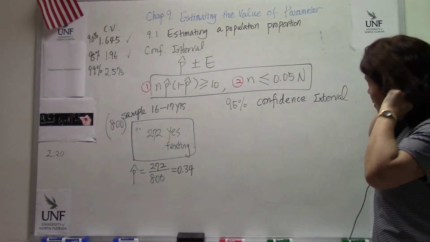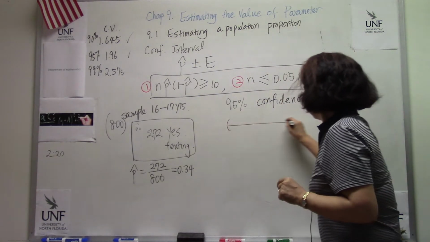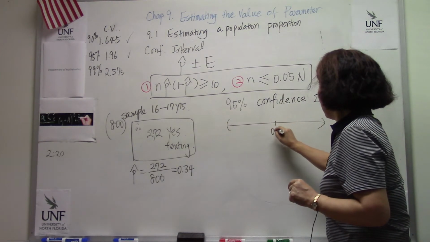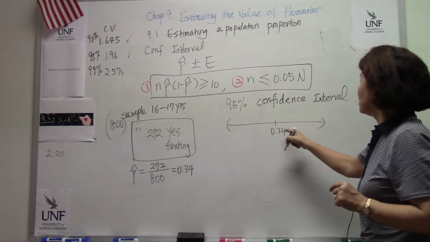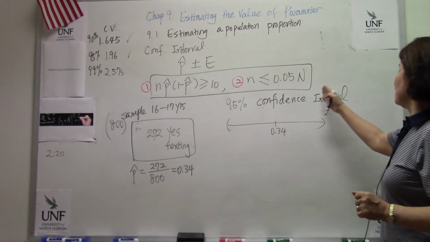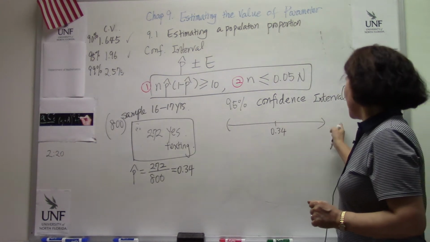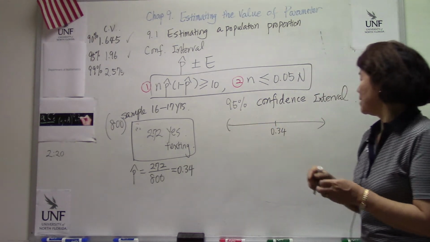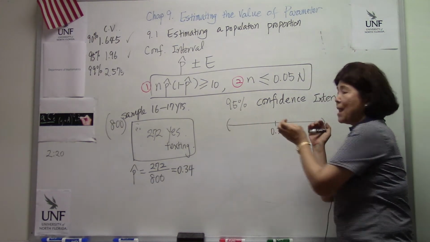From here, we know one thing for sure: 0.34 is right in the middle, and we are going to give a little buffer above that and a little buffer below that. Of course, it's going to be the same length.